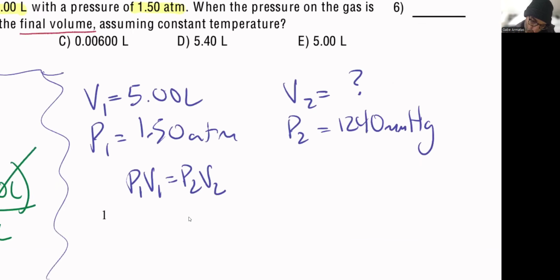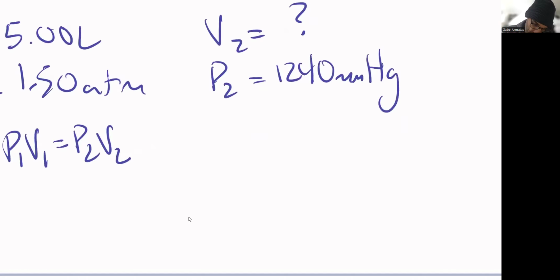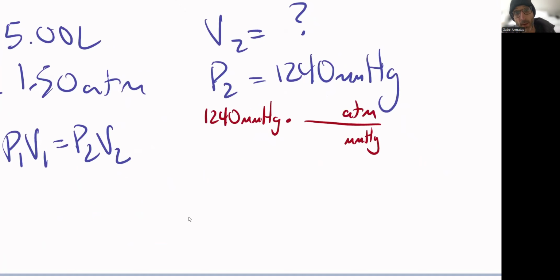So in order to do that, I will do this because this is the other conversion that we would have done above. So 1240 millimeters of mercury times a fraction. I want millimeters of mercury to go away, and I want atmospheres to remain. And remember from that question above, one atmosphere was equivalent to 760 millimeters of mercury. mmHg cancels and leaves behind atmospheres.